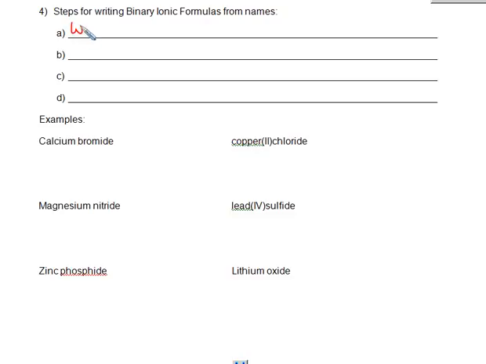First, you're going to write down elements with charges. And we're going to do this first with calcium bromide as an example. So our elements: we have calcium 2+, and we've got bromine with a 1-. We call it bromide because it's formed an anion.